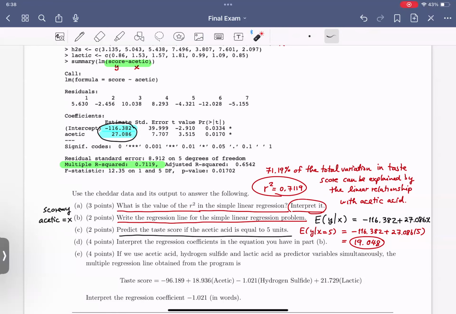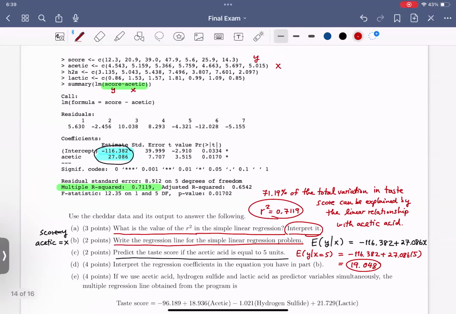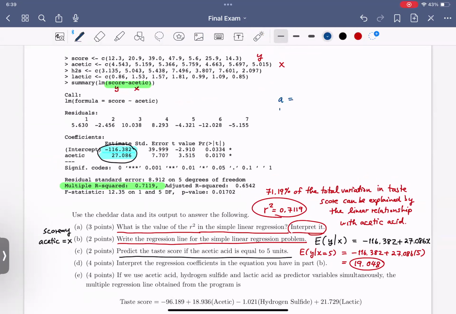All right, next one. Interpret the regression coefficients in the equation you have in part B. I'm going to do part D up here to have more space. So the slope is 27.086 and the intercept is minus 116.382. Remember how to interpret the coefficients. Start with B: if X increases by 1 unit, we would expect that Y will increase by B units on average.